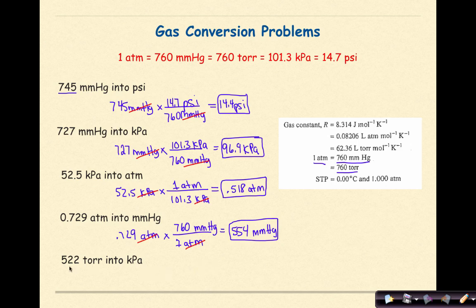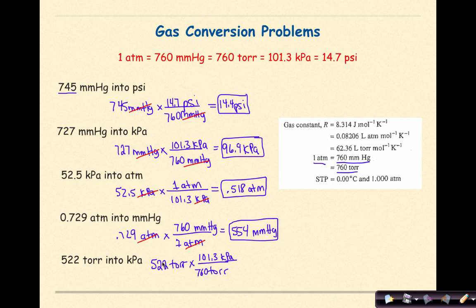And the final one, 522 torr into kPa. So 522 torr, 2 R's, multiplication sign and line, torr on the bottom, 101.3 kPa. And for torr, 760 torr.